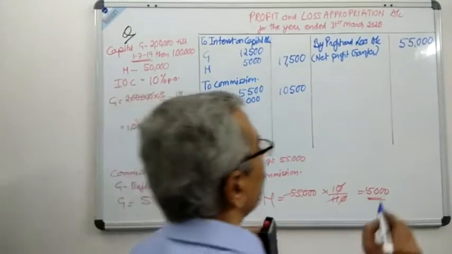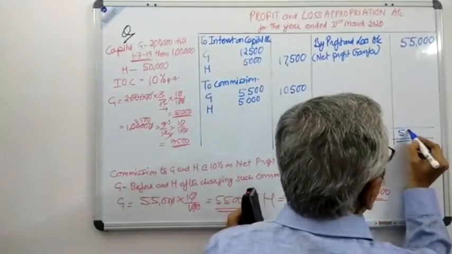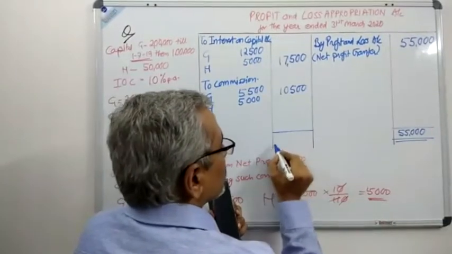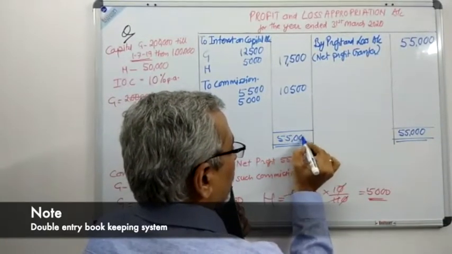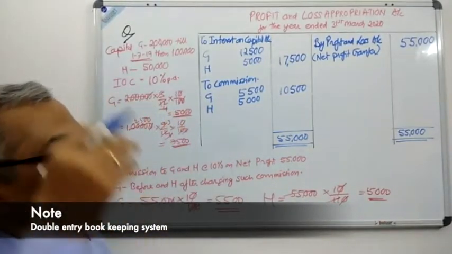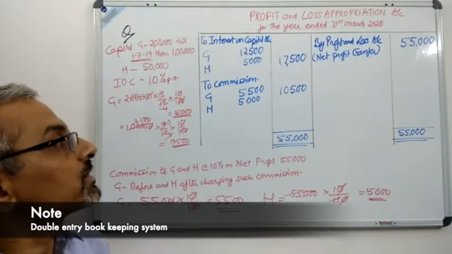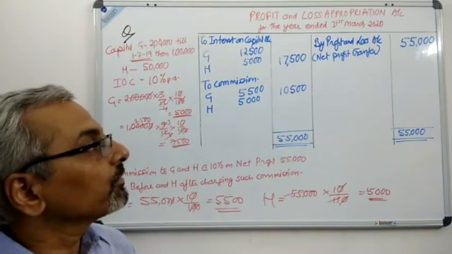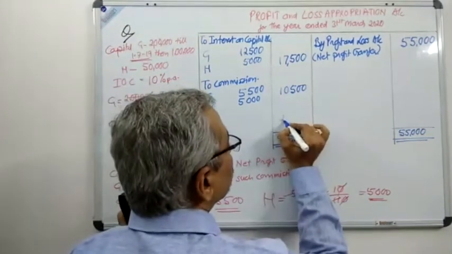Now the total of the credit side will obviously be equal to the total of the debit side. I hope you know why we do this. The concept is we follow the double entry bookkeeping system, and for every debit entry we have a corresponding credit entry. Now you can see 55,000 rupees is in the credit side, and the debit side we actually have 28,000. So if you subtract 28,000 from 55,000, you end up getting 27,000.